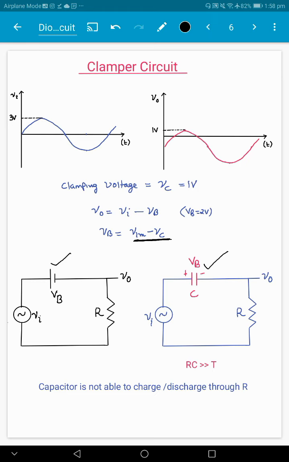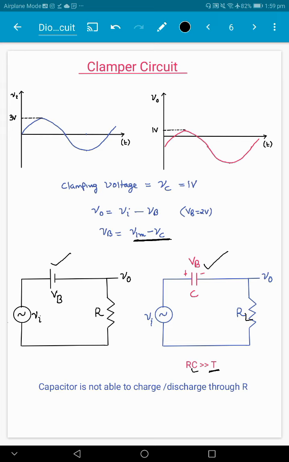We connect it in this particular form with a load resistor RL, and we make sure that the time constant RLC is much larger than T, so the capacitor will neither get charged nor discharged because the time constant is very large compared to the time period. So this should work.